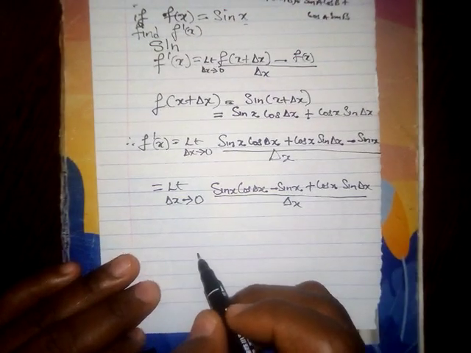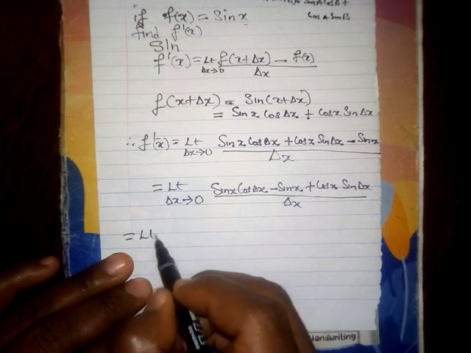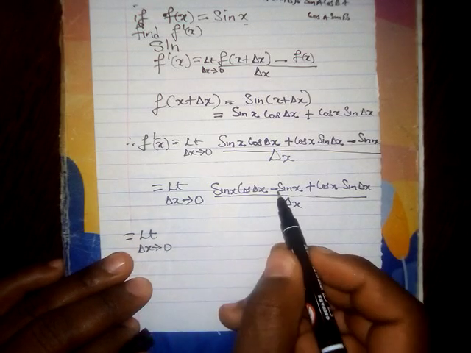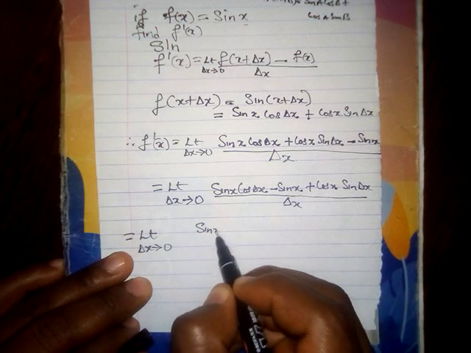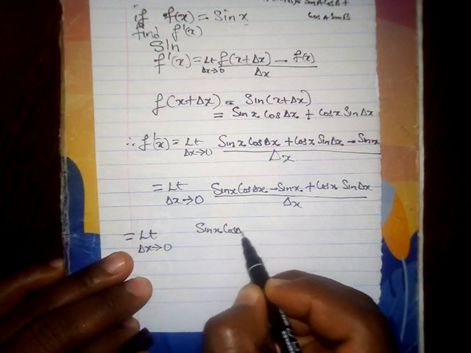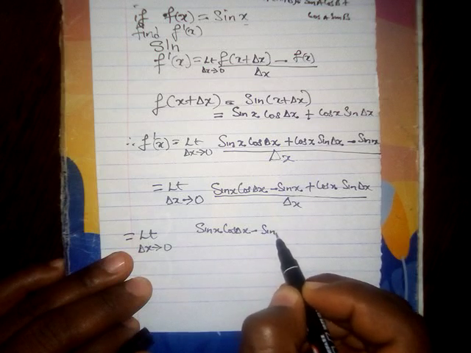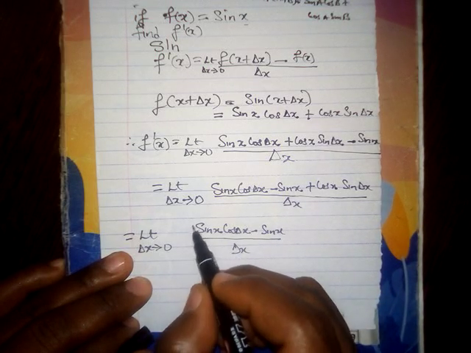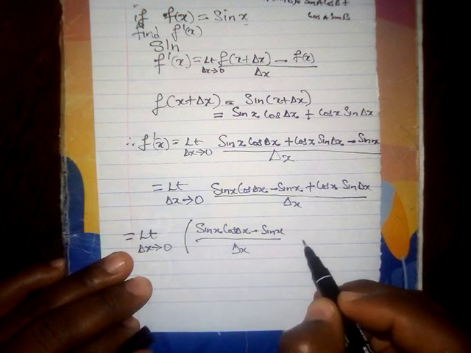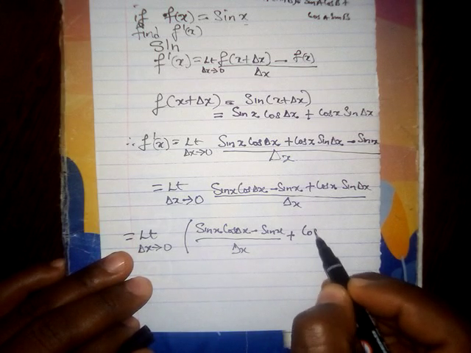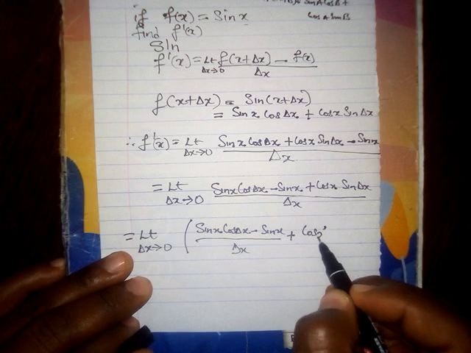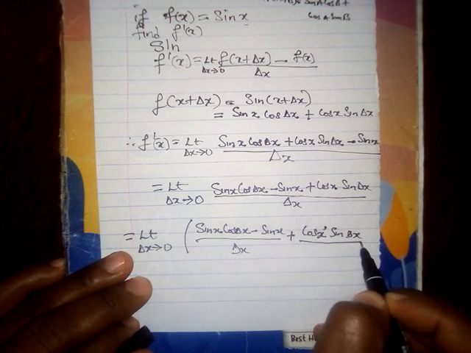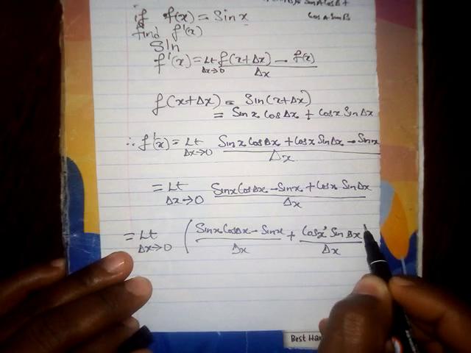Now this is equal to the limit as change in x approaches 0 of sine x cos change in x minus sine x all over change in x, plus cos x sine change in x all over change in x.